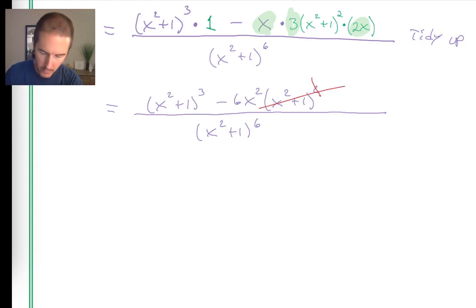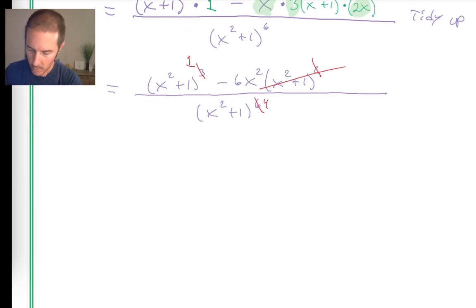I'm going to cancel 2 factors of x squared plus 1 from there, leaving me with 1 still. And I'm going to cancel 2 factors of x squared plus 1 from there, which leaves me with 4 of them. And then I will rewrite. So we can call this reduce by x squared plus 1 squared.